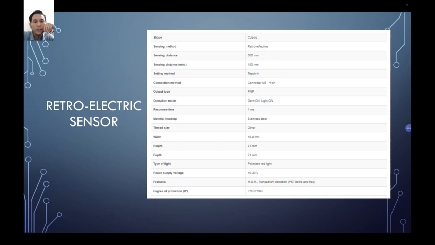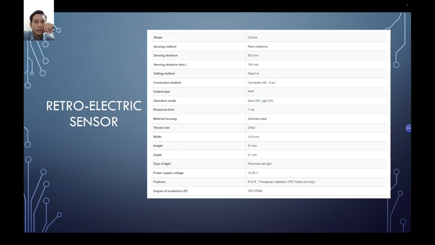Its output type is PNP. For operation mode, we can use dark on and light on. The response time is 1 millisecond. Its housing is stainless steel.